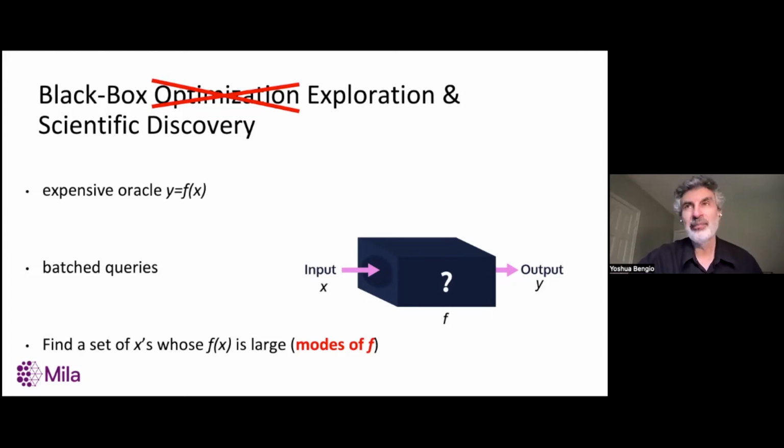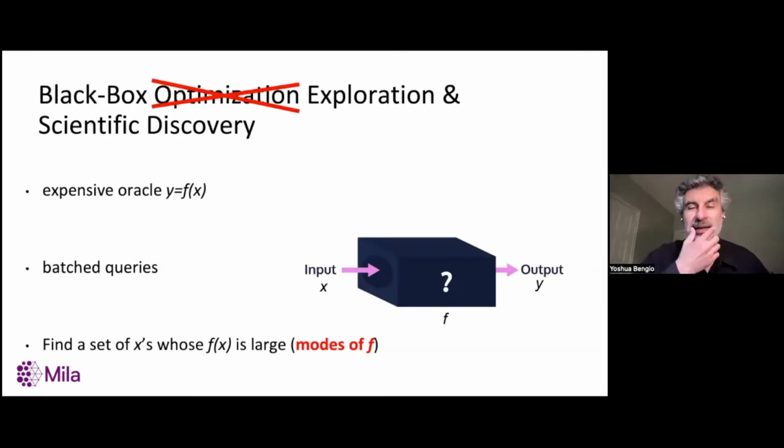For example, in drug discovery, even if I have something that works well in vitro, or even worse in my simulations, it doesn't mean that it's going to work well in vivo, or even worse in humans. And so it's really important that we come up not just with one solution, but many solutions. So I'll talk about diversity as an important desideratum here.